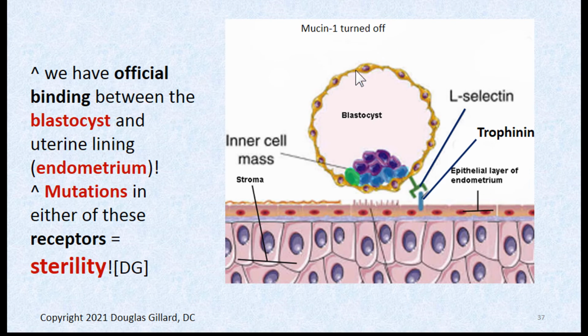And here's exactly what happens. Here's our blastocyst. There's you, the little human. And here is an L-selectin on the trophoblast layer. It finds the trophinin receptor for it on the endometrial cell, and the two bind and hook up. And that's a good thing. We're on our way to get into mom, because this is growing.